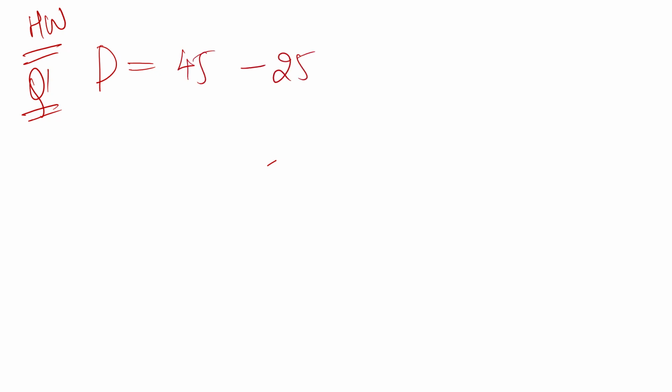Now similarly, these types of questions will be asked, and now we have some questions which you have to attempt. First question, homework question 1: D = 45 − 25P, demand and price.